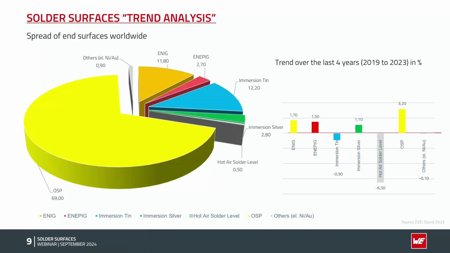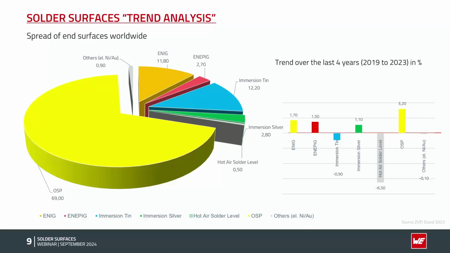So now this is the look at the spread of end surfaces worldwide, and we can see that a big share of surface worldwide is OSP. This is due to the high volume of commodity electronics, which fits perfectly for these easy applications and not that demanding field conditions.